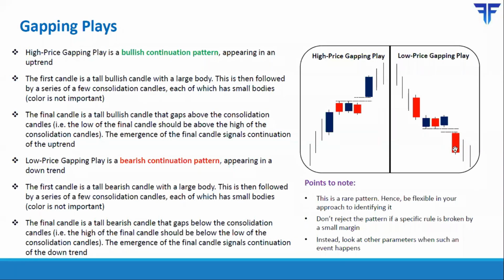The final candle of this pattern is a bullish candle that gaps down below the low of these consolidation candles. So whenever you see a candle that gaps down below the low of the consolidation candle, it is the point to sell. So this candle, as you can see, opened somewhere over here. So that is the point to sell, and you hold on to your short position as long as this gap does not get filled.